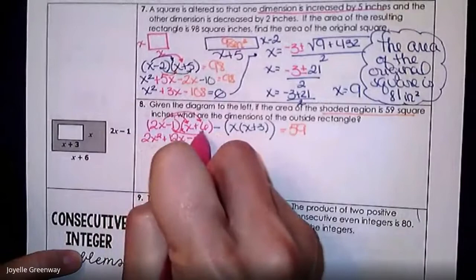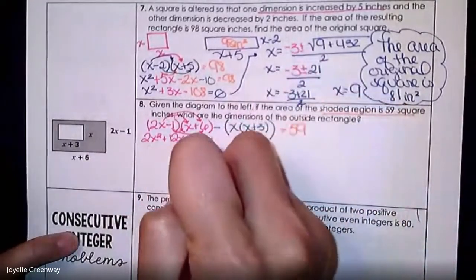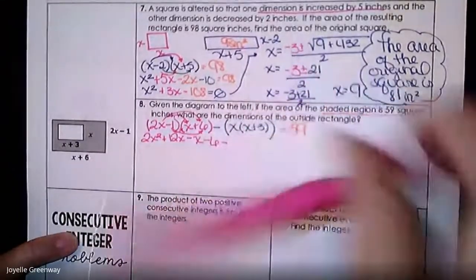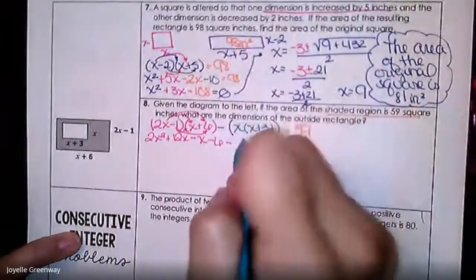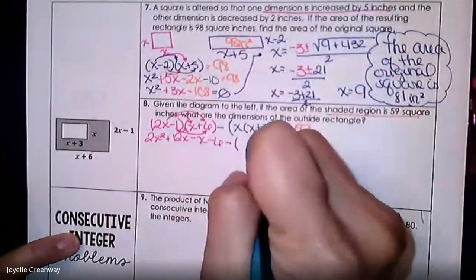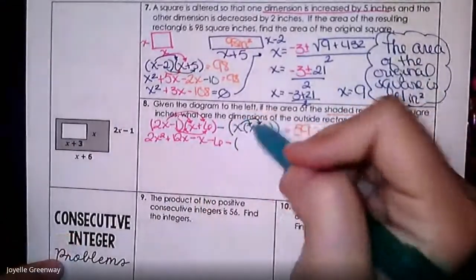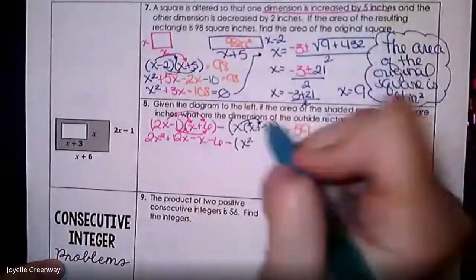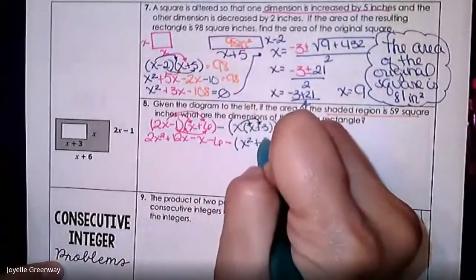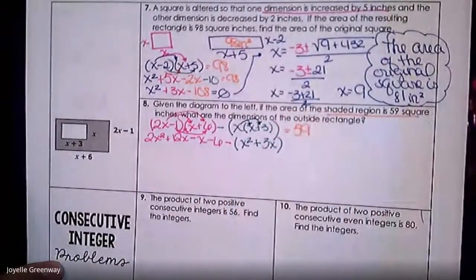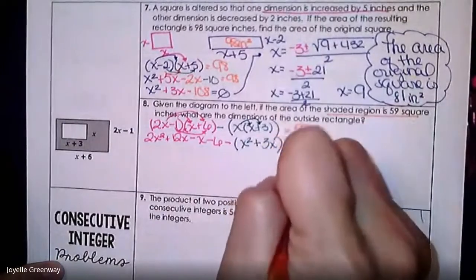And then last, negative 1 times 6 is negative 6. From there, I'm going to subtract my x times x plus 3. So x times x is x squared. And then x times 3 is 3x. And that equals 59.